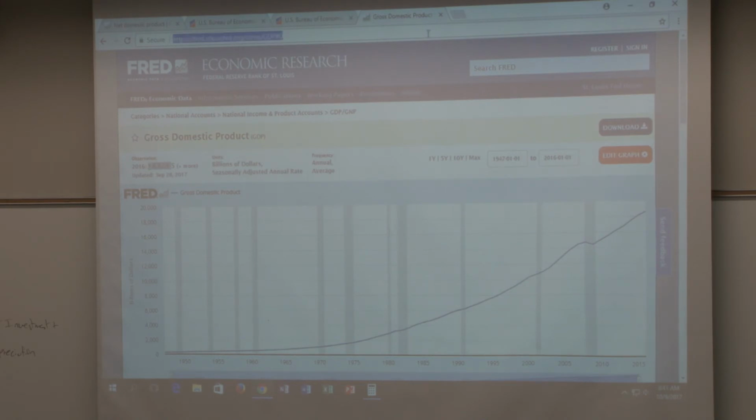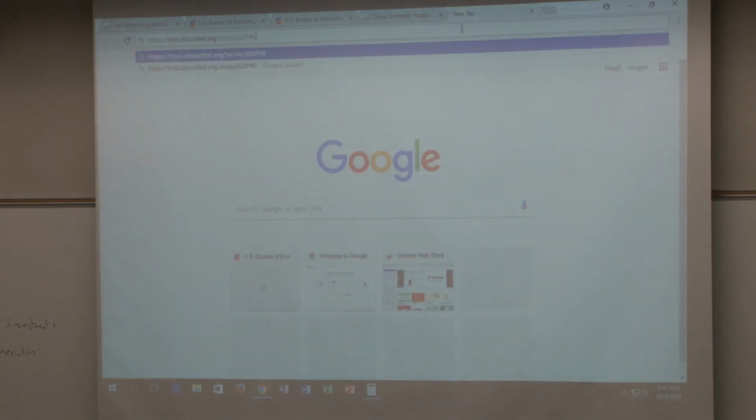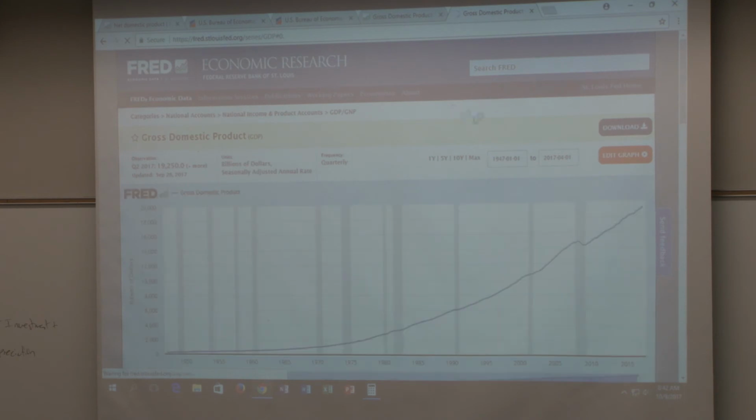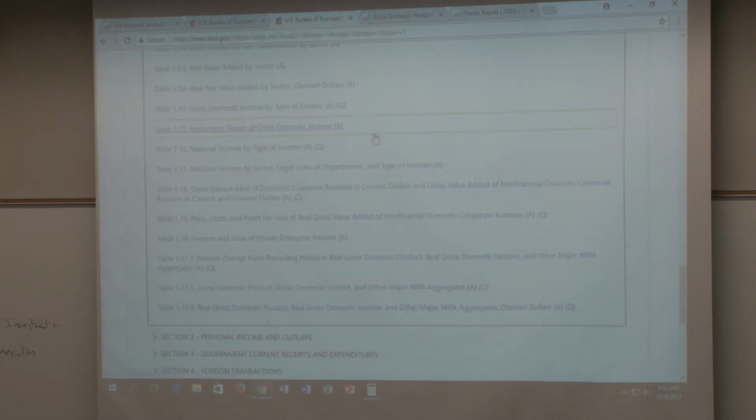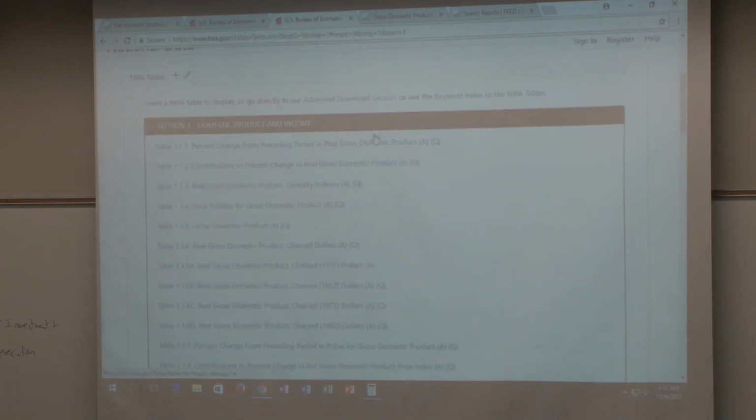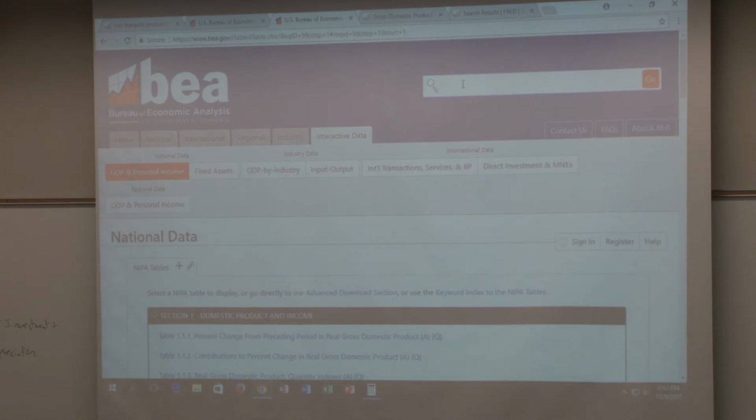So let's see, this one actually might be better for that. Can we search? We actually call it the capital consumption allowance.